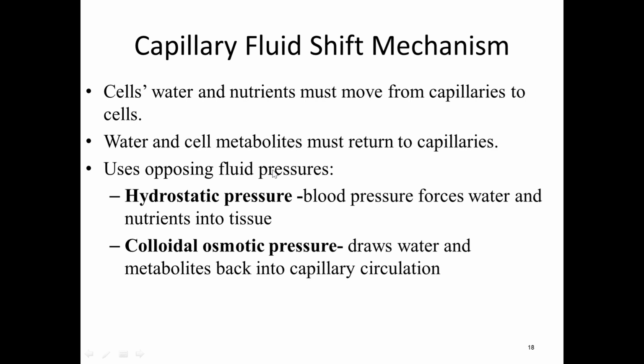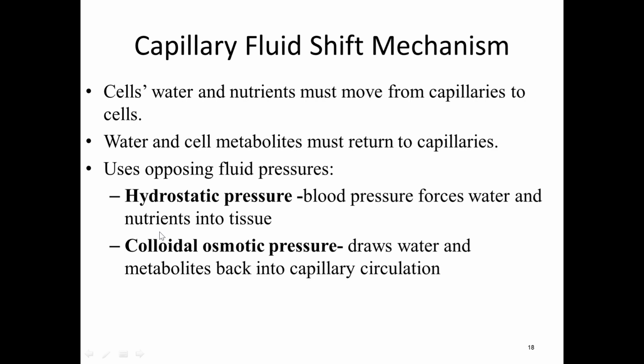The opposing fluid pressures are hydrostatic pressure and colloidal osmotic pressure. Hydrostatic pressure is when blood pressure forces water and nutrients into tissue. And colloidal osmotic pressure draws water and metabolites back into capillary circulation.